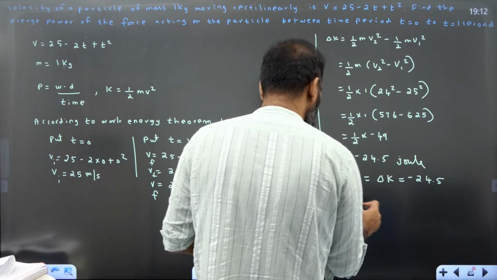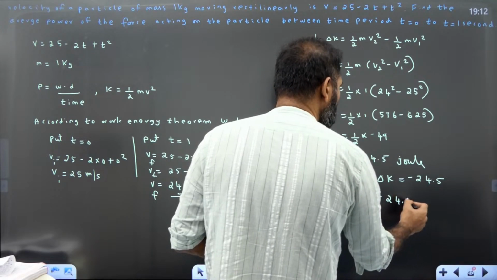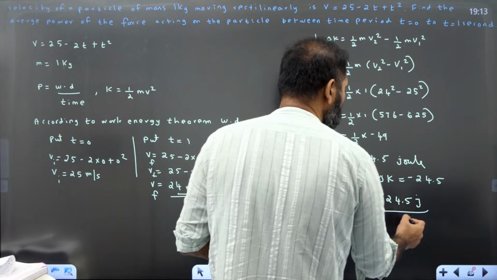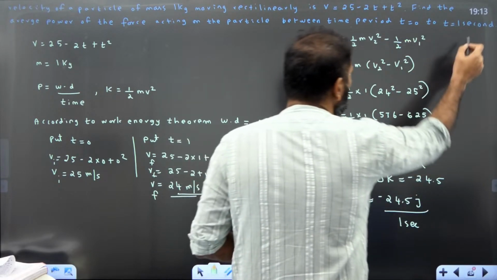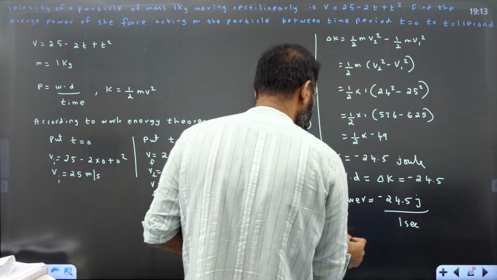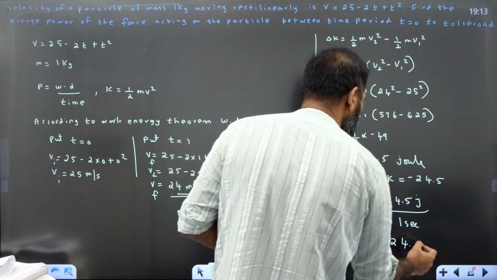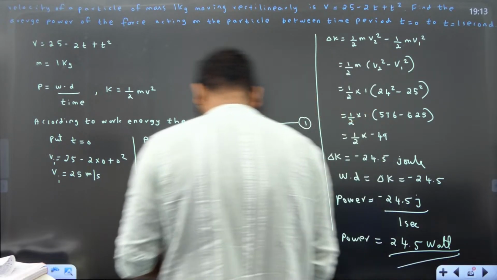Now we have to find out power. Power is equal to work done by time, right? So minus 24.5 joule divided by the time, which is 1 second, because the time interval 0 to 1 second means the time interval is 1. So what is power? 24.5 watt.